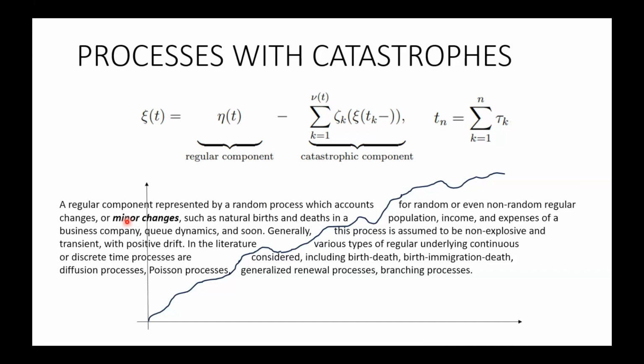We can even suppose that it can be transient, for example with positive drift, but it's not necessary. In the literature, various types of regular underlying continuous or discrete time processes are considered, including birth-death processes, birth-immigration-death, diffusion processes, Poisson processes, but this is our case, generalized renewal processes, even branching processes, etc.